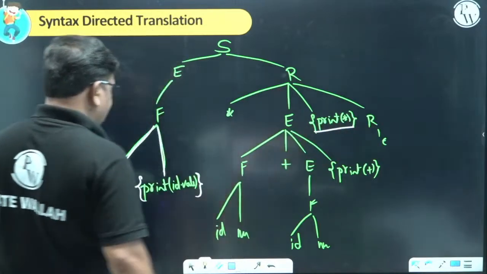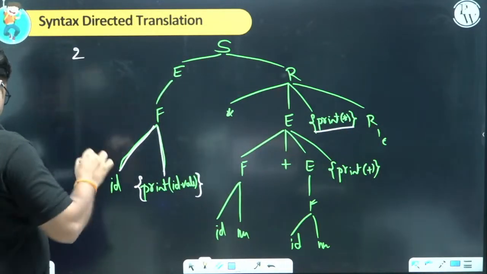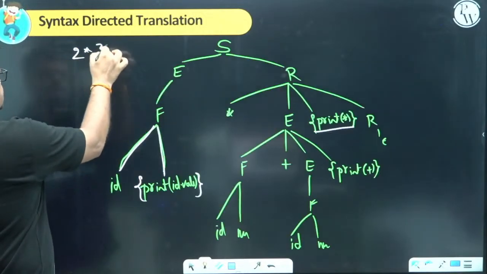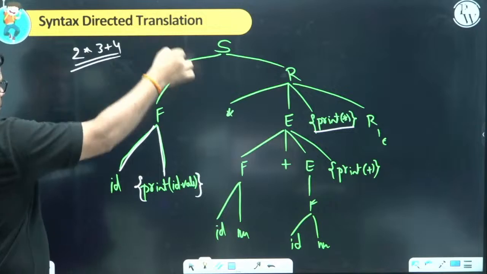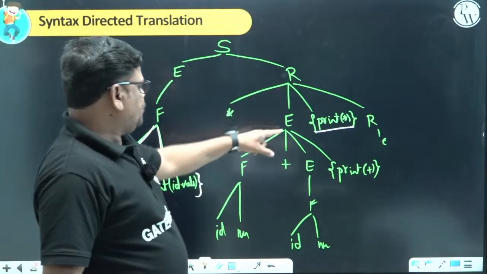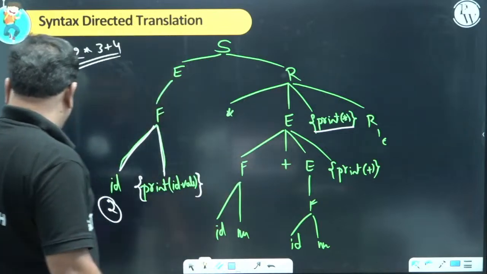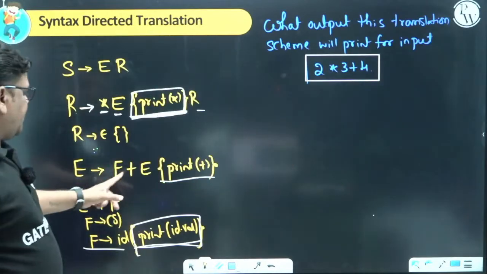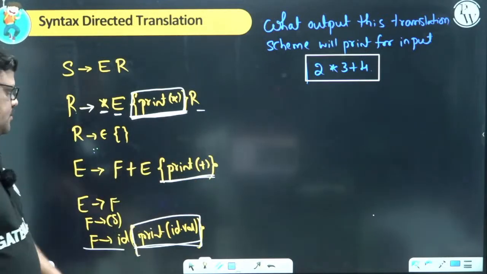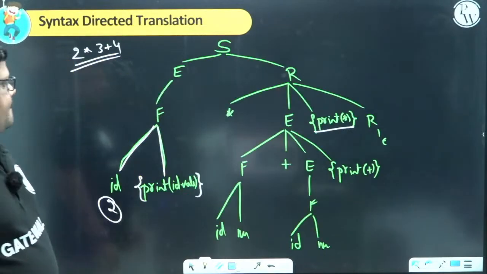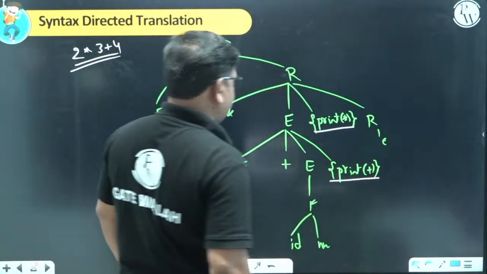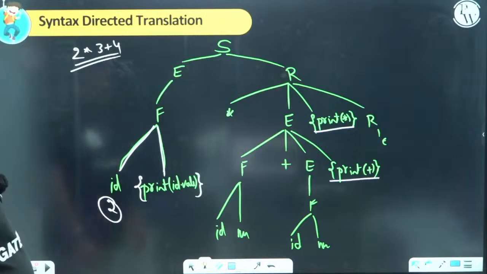Next, E to F plus E for this input, 2 plus 2 star 3 plus 4. Here it is 2. Next, E to F plus E. What is E here? F plus E, print plus. This is also a grammar symbol, our grammar symbol. So by assuming it as a grammar symbol, I am providing an edge.